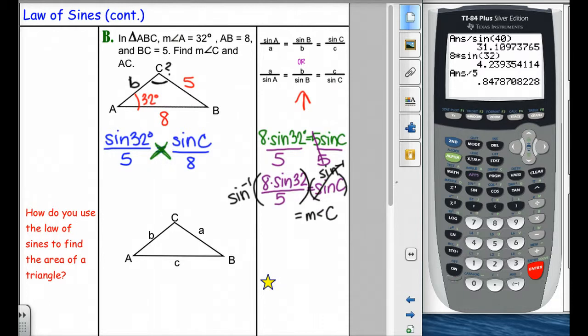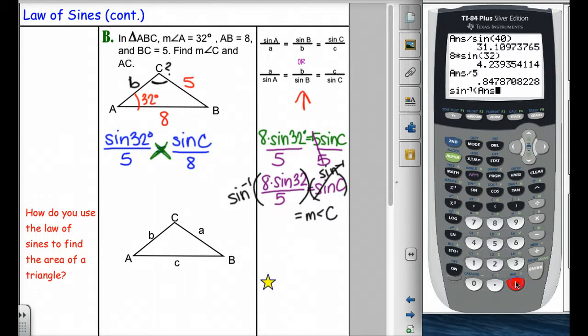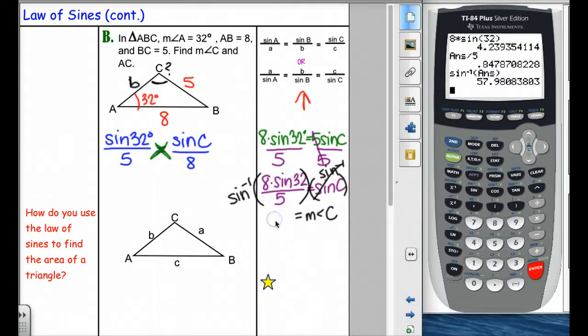So I'm going to now take the inverse sine, using second sine on the calculator, and I get an answer of 57.98. So if I round that to the nearest degree, I get 58 degrees. So I know C is equal to 58 degrees.